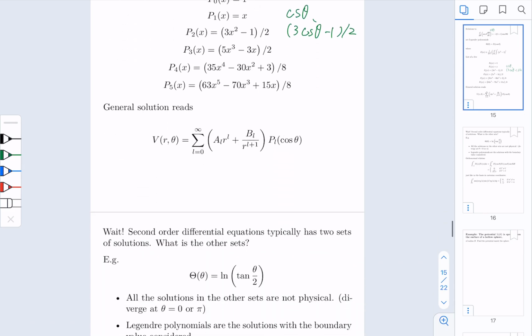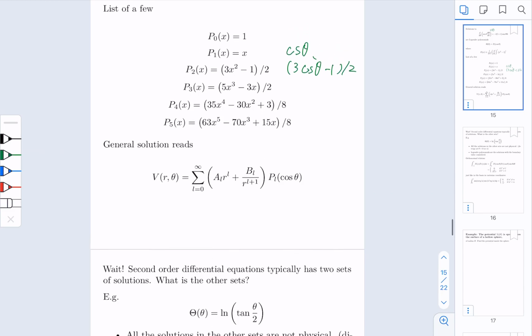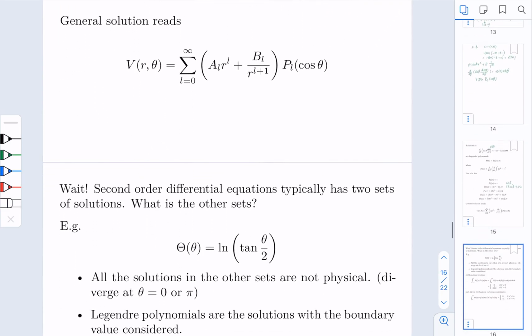The reason is that there indeed is a second set of solutions, but it is not physical. If you take a look at this expression, this is also one solution for the angular equation. However, it will blow up at some theta values. When theta equals pi, this is tangent pi over 2, and it goes to infinity.